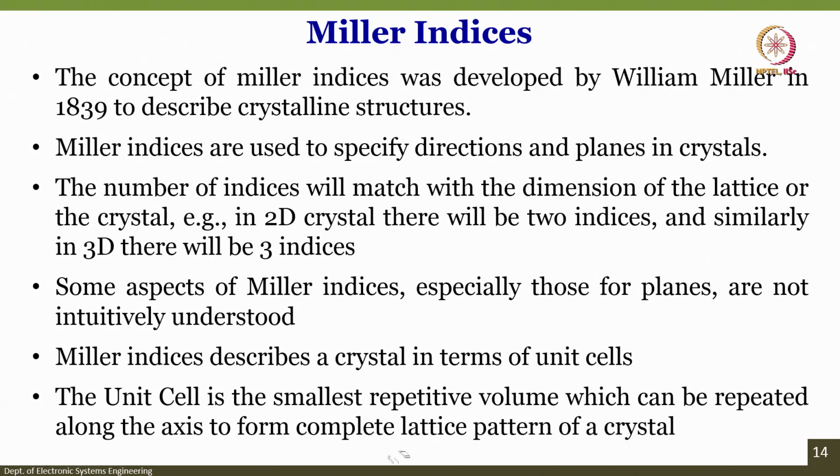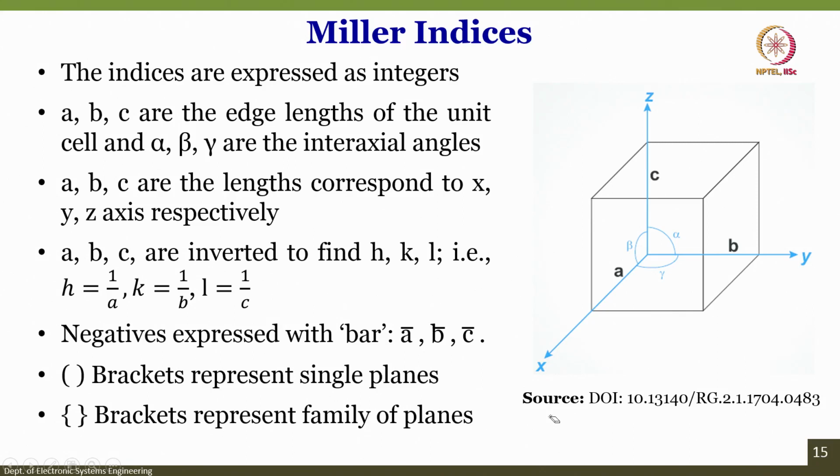And how is it defined? If you see this particular cube, you will have a, b and c, which are the edge lengths, while alpha, beta and gamma are the interaxial angles. The intercepts a, b, c are inverted to find the hkl plane, and if an index is negative, it is expressed with a bar, like a bar, b bar and c bar.